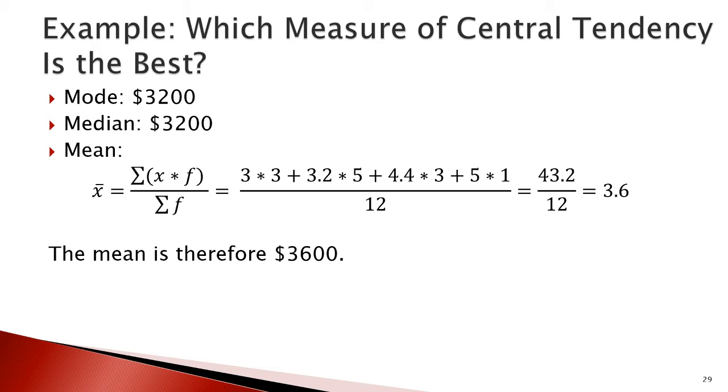Therefore the mean is $3,600. So between these three, the minimum value is the median or the mode. So for this example, the best measure of central tendency is the median or the mode.